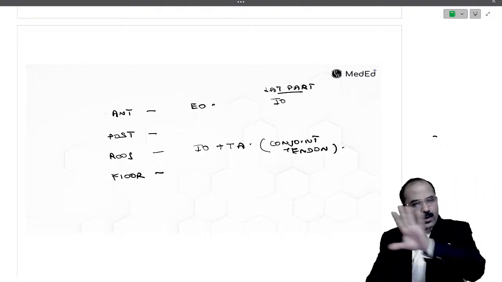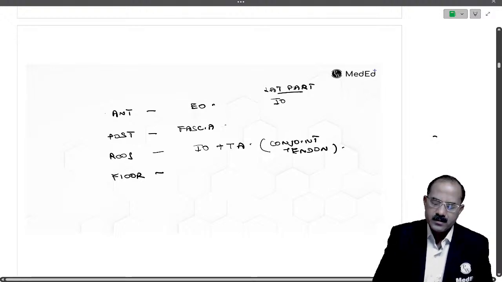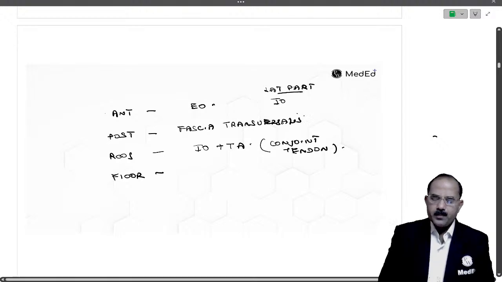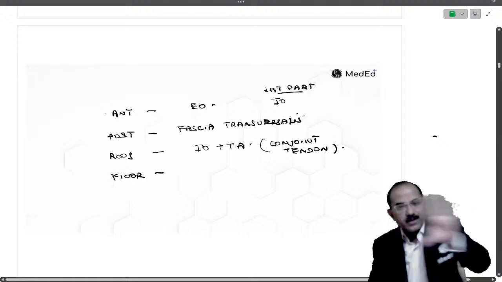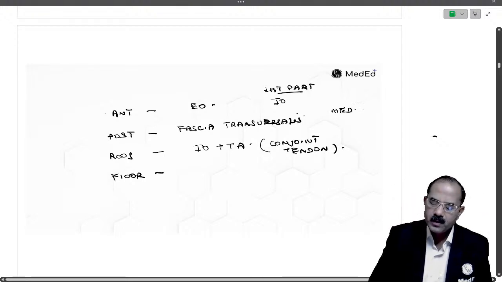The posterior wall in its entire extent is formed by the fascia transversalis. In its medial part, it is formed by the conjoint tendon.